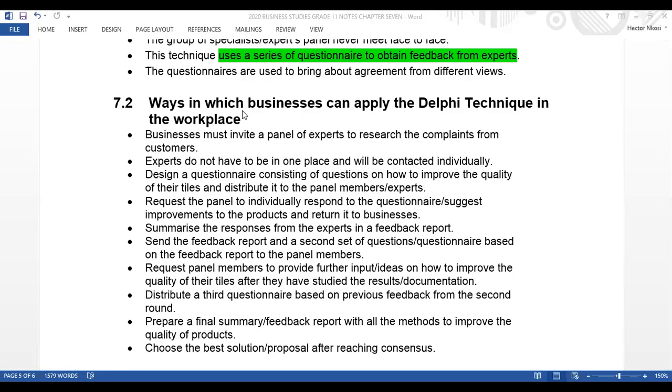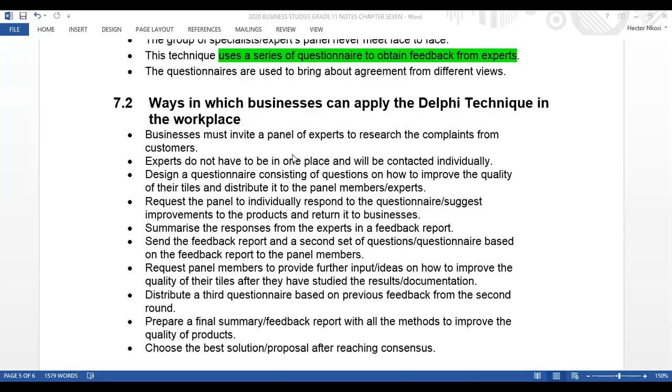Now, boys and girls, let's look at the ways in which business can apply this technique. We know that under this technique, businesses must invite a panel of experts to research the complaints from customers. That's very important.